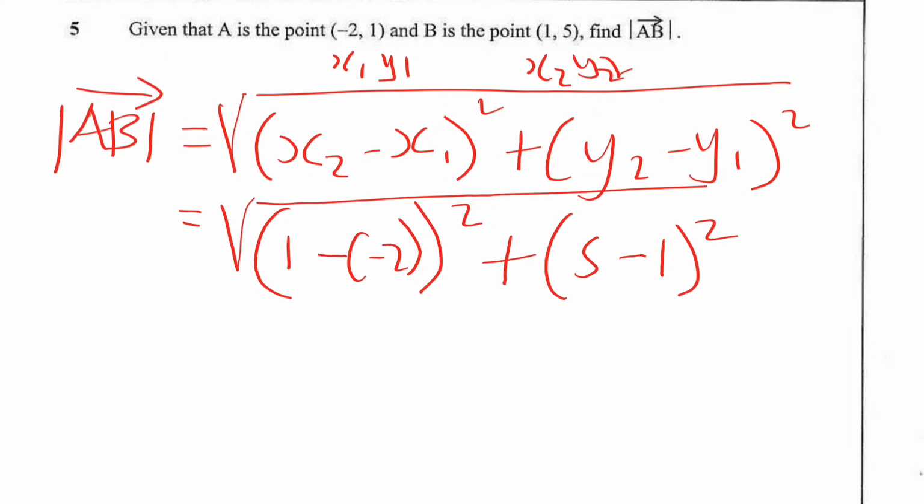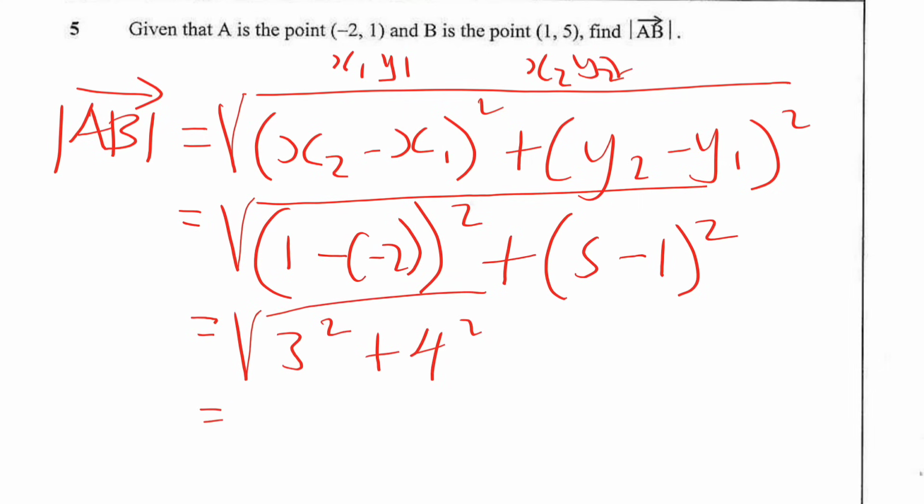Now inside here, negative, negative is positive, so it is 1 plus 2, which is 3, so it will be the square root of 3 squared plus 5 minus 1 is 4 squared.